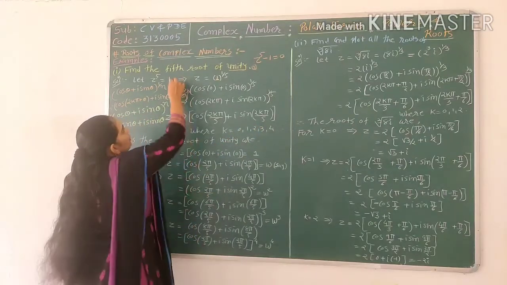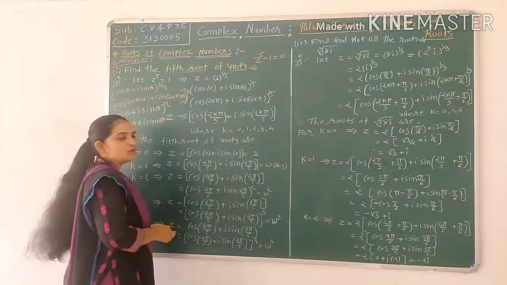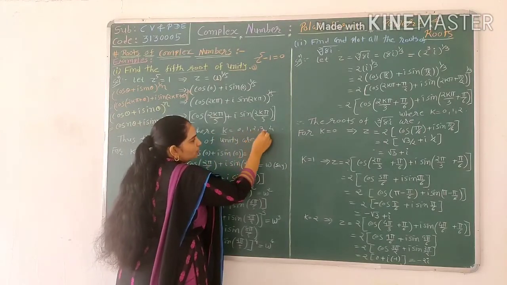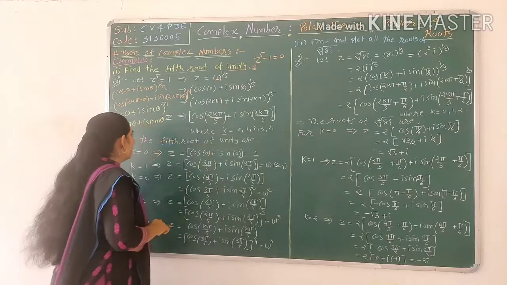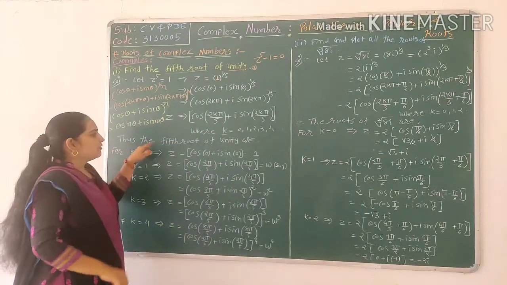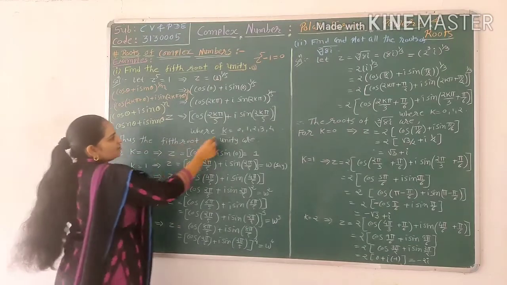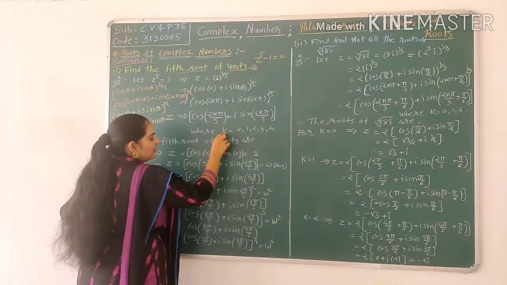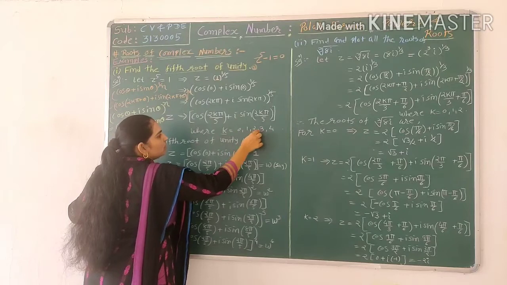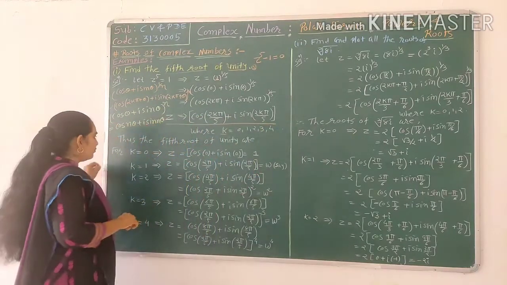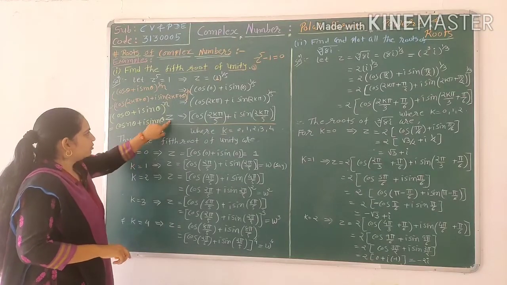Now we have to find the fifth roots. Therefore, put k equal to 0, 1, 2, 3, 4. Thus, the fifth roots of unity are, for k equal to 0, we have to put the values of k equal to 0, 1, 2, 3, 4 in this equation.